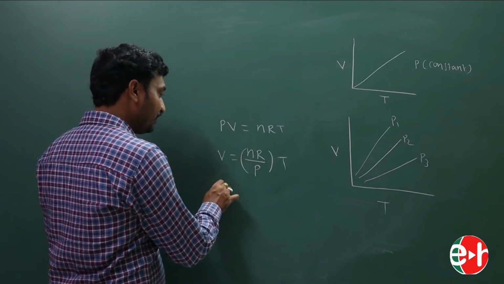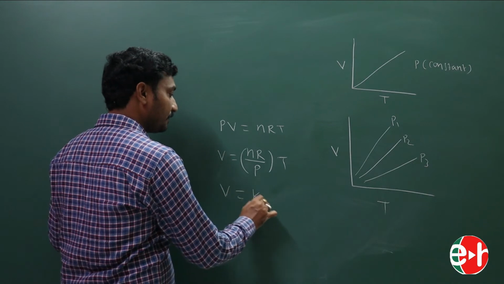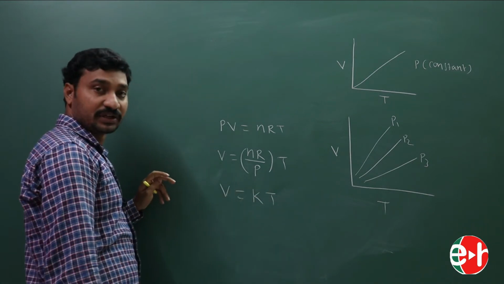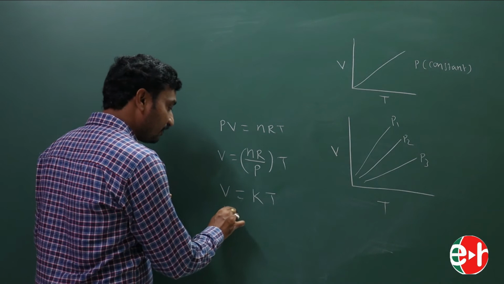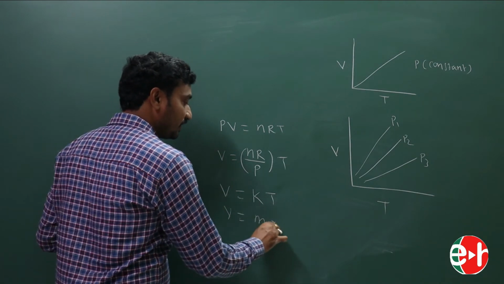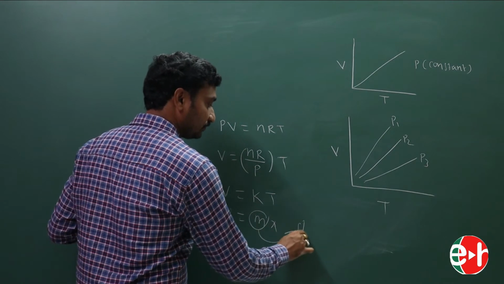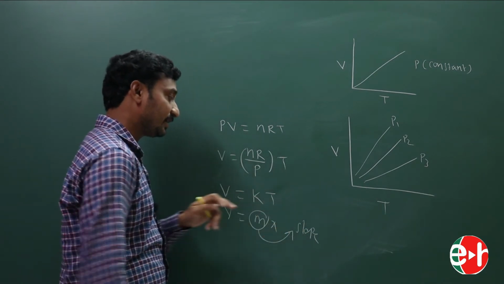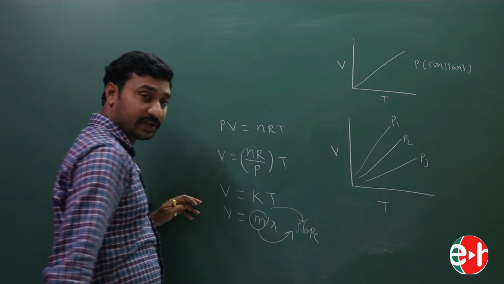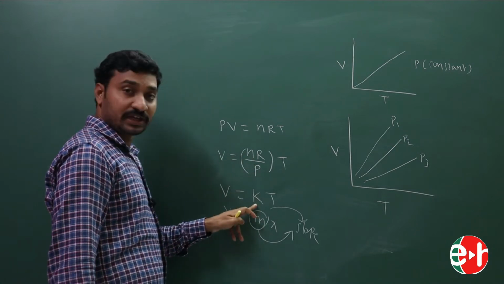Now V is equal to KT, so this is in the form of y is equal to mx. Here K indicates slope. So K is slope, and nR by P is equal to K.